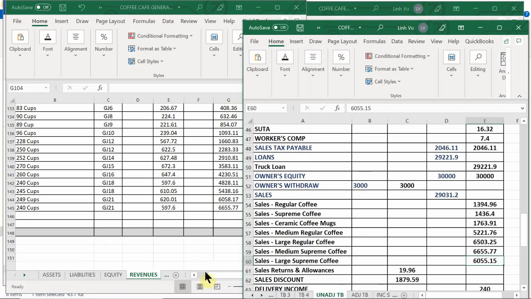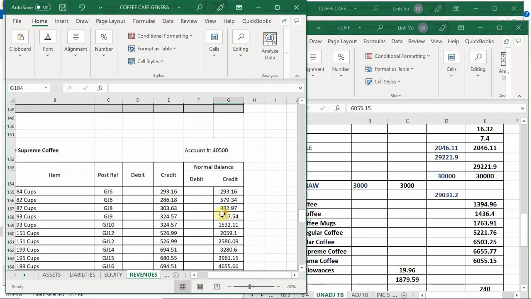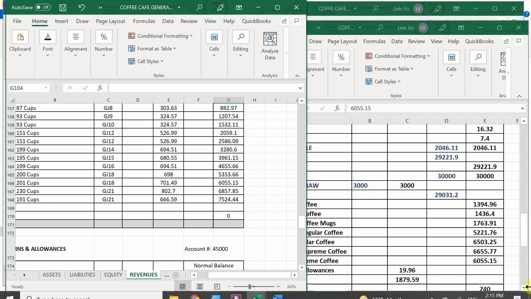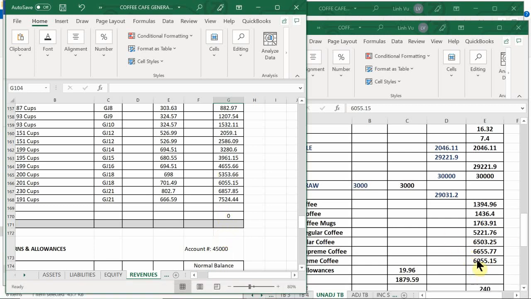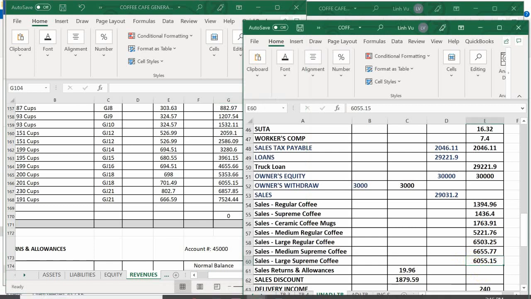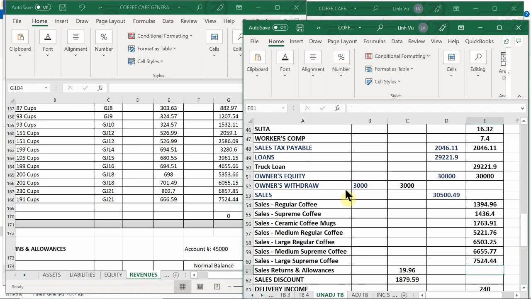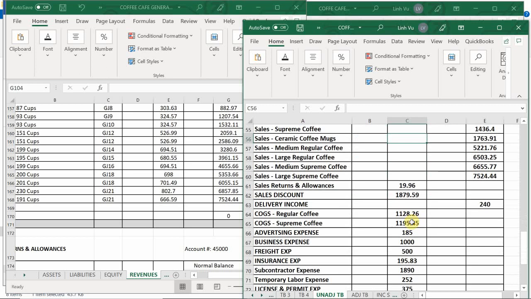And then last but not least, my sales for the large supreme coffee. 7,524.44. Okay, good. So that makes my total sales $30,549. Nice. Yep, good.